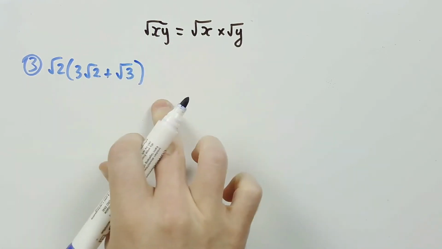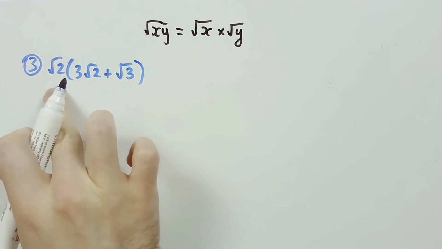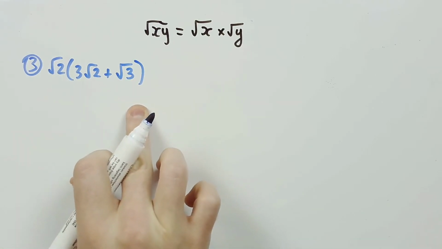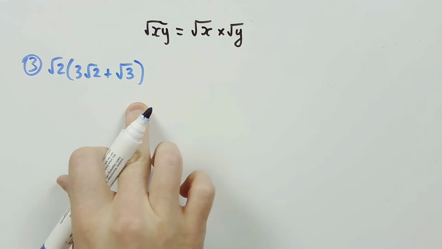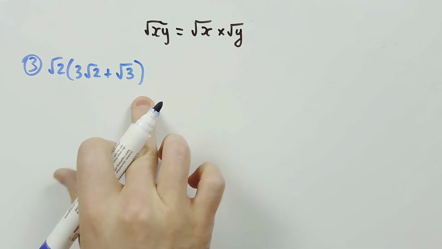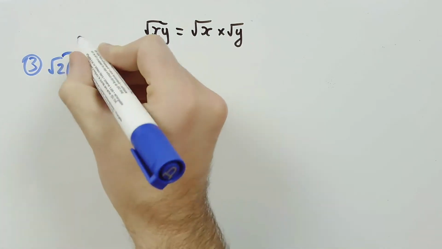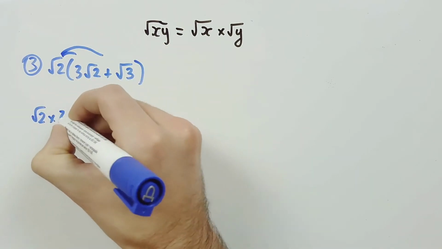If you're thinking, oh, this looks a little bit different to what we've seen so far, recall that it's actually very straightforward. What we need to use here is exactly the distributive law that you would have seen when solving algebraic equations. So we just need to multiply the first term out through the rest of the components.